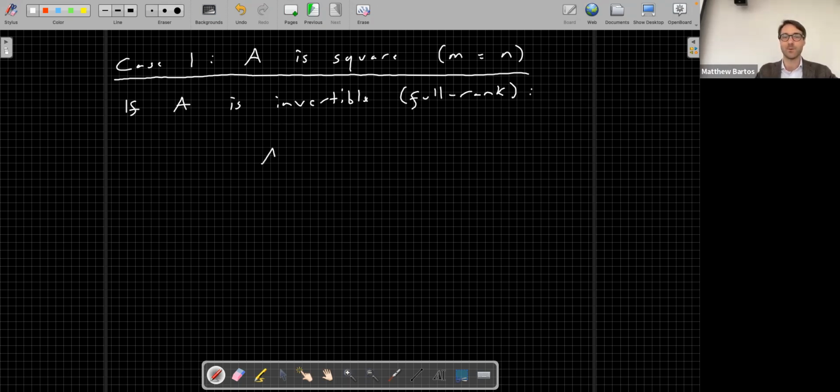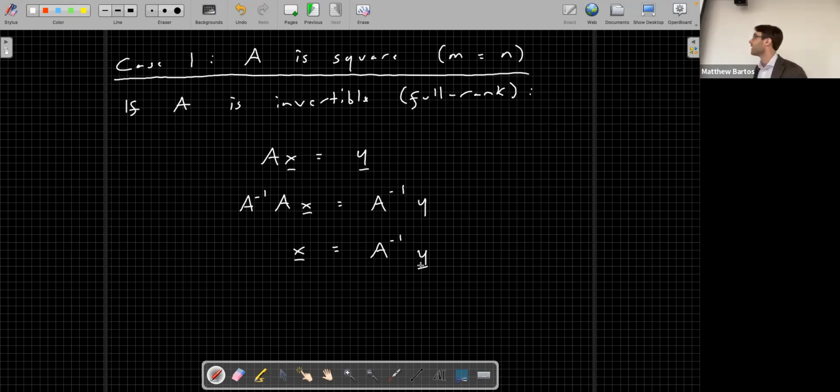So we have the equation Ax is equal to y, right? How can we find a closed form expression for x? We pre-multiply by A inverse on both sides. So we get A inverse A times x is equal to A inverse y, and therefore x is equal to A inverse y. So easy peasy.